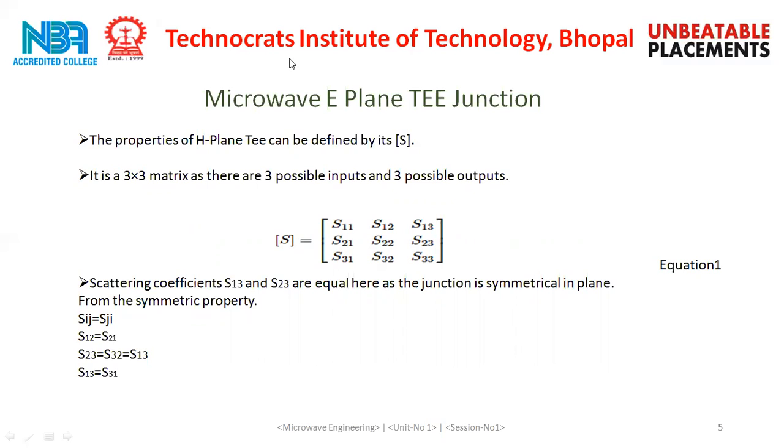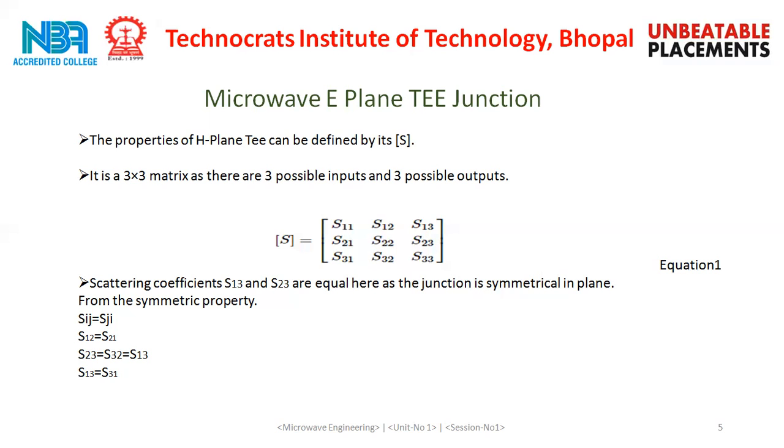Hence, the scattering matrix will have 9 elements: S11, S12, S13, S21, S22, S23, S31, S32, S33. This is the required scattering matrix to be prepared. It consists of 3 ports, hence it will be a 3x3 scattering matrix.